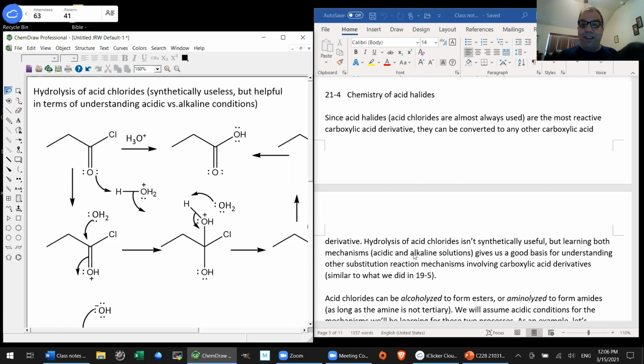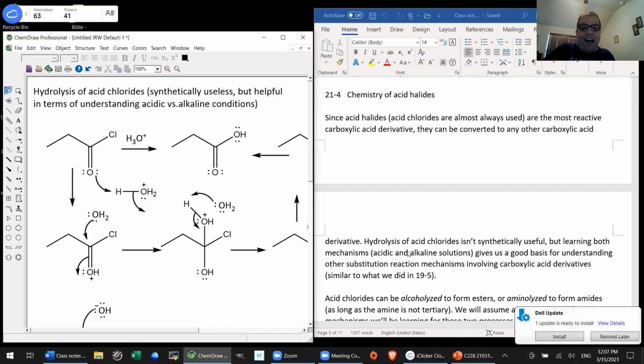Because normally water adding to aldehydes and ketones is something we take steps to prevent from happening, because we want to be able to use our aldehyde or our ketone, and we can't do that if water is added. So in a similar vein, hydrolysis of acid chlorides is the exact opposite of useful.